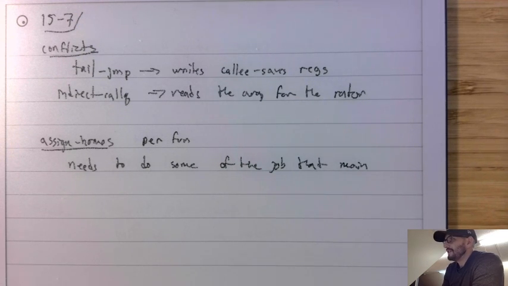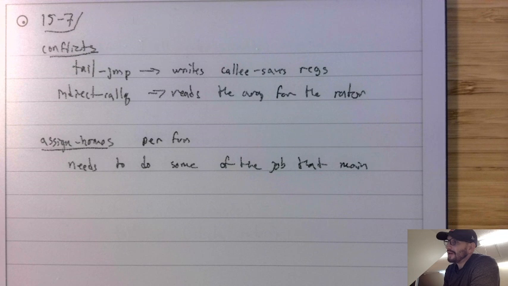What else do we need to do? Patch. I don't think there's anything really interesting that patch needs to do differently, because tail jump just takes a label, and an indirect call queue only looks at one thing.